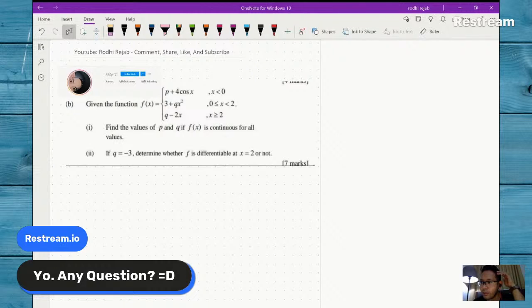Before I begin, if you want me to sketch step by step, I've done a very detailed one on graphs. Let me show you. Let me see my playlist first.